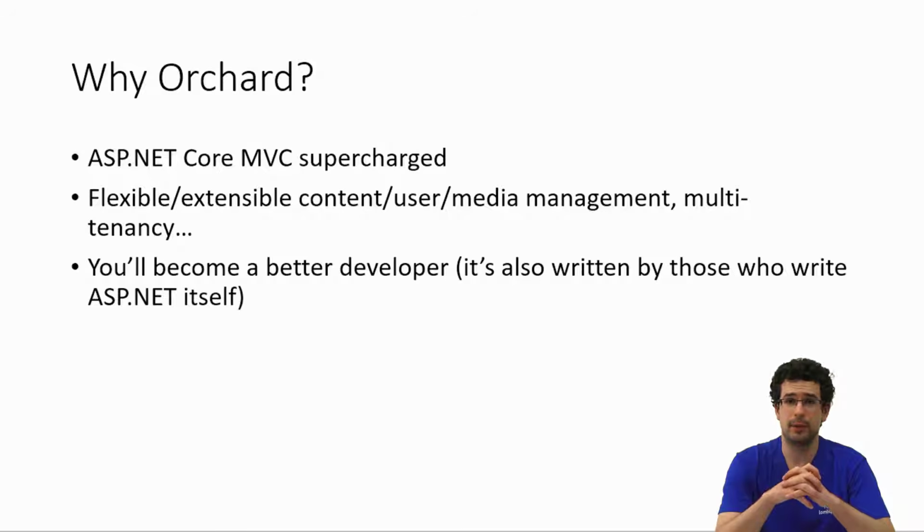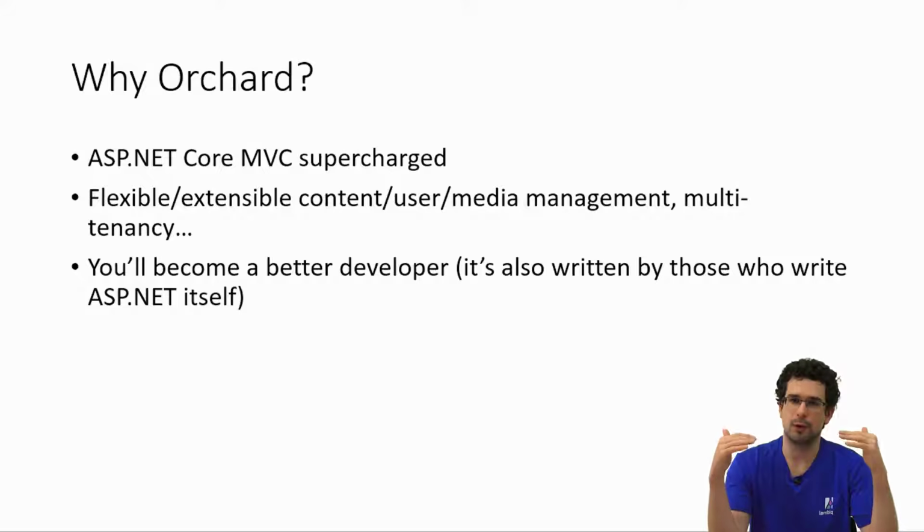Orchard is pretty much ASP.NET Core MVC, but greatly supercharged. Orchard doesn't invalidate anything that you know about ASP.NET Core. It builds on top of ASP.NET Core and extends it and adds a lot of nice features to it.